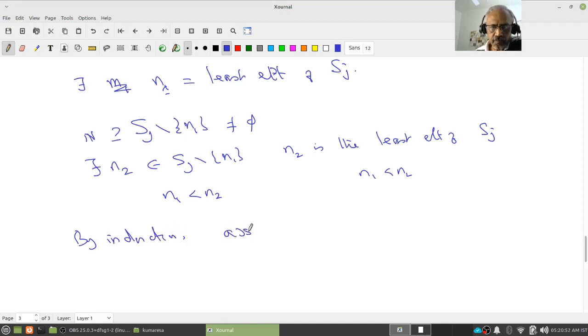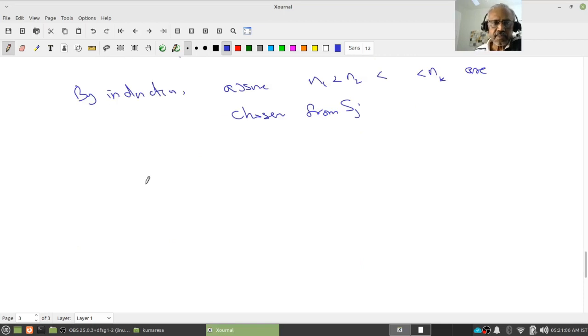So by induction, assume n1 less than n2 less than ... nk are chosen from Sj, right? Now let's look at Sj minus {n1, ..., nk}. This is a finite set, this is an infinite set, therefore this is non-empty.